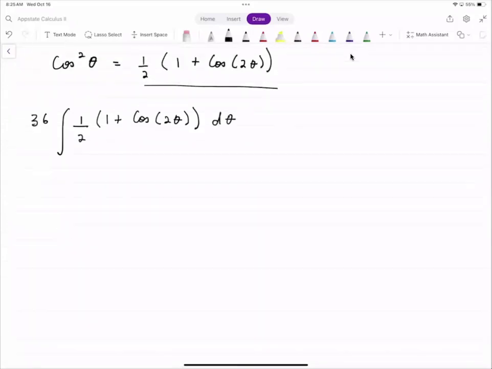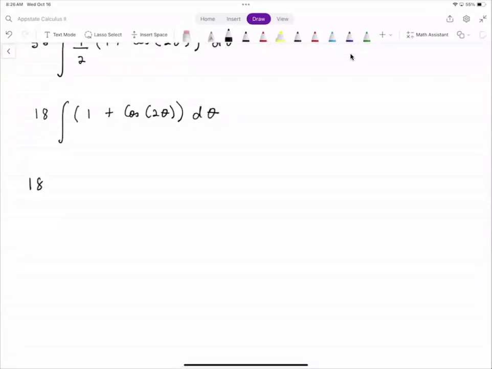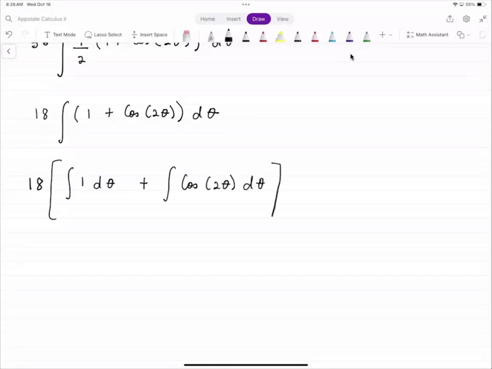And so now this gives us 18, 1 plus cos 2 theta, d theta. And then now we can now integrate this. Now this is easy to integrate. So we have 18. If you integrate whatever is here, this is the same thing as integrating 1 d theta plus integrating cos 2 theta d theta this way.